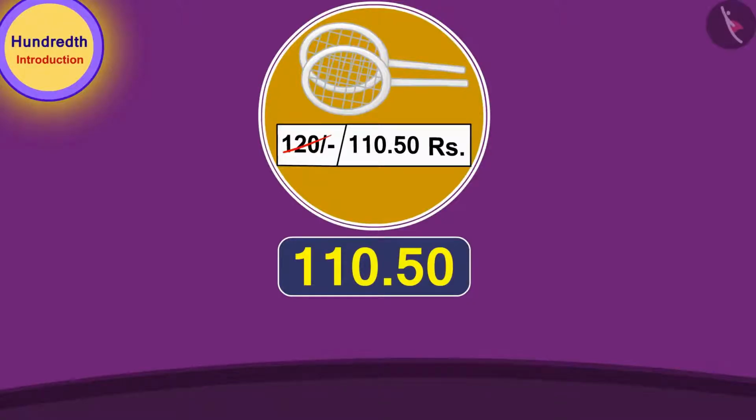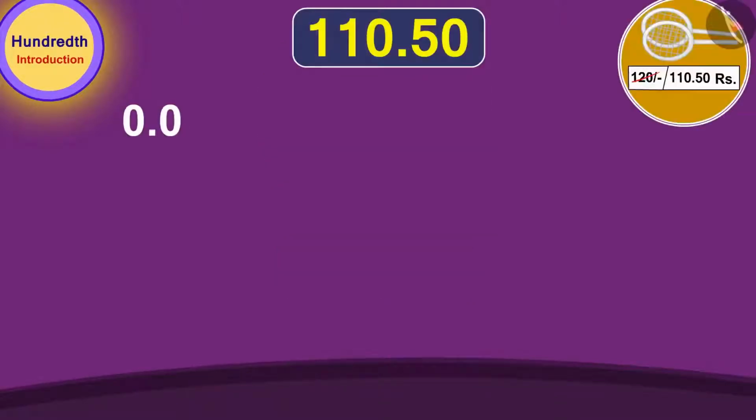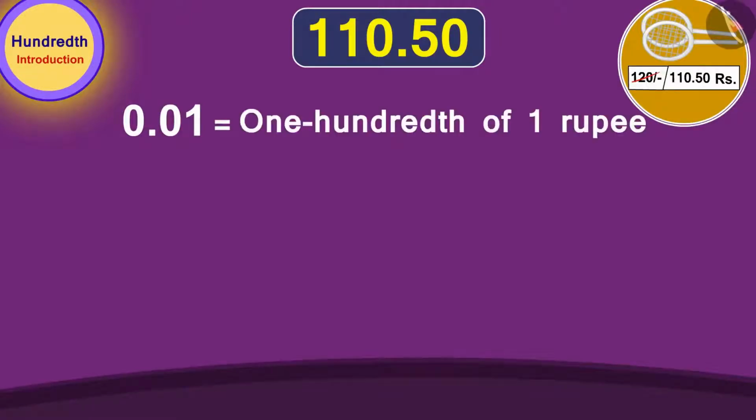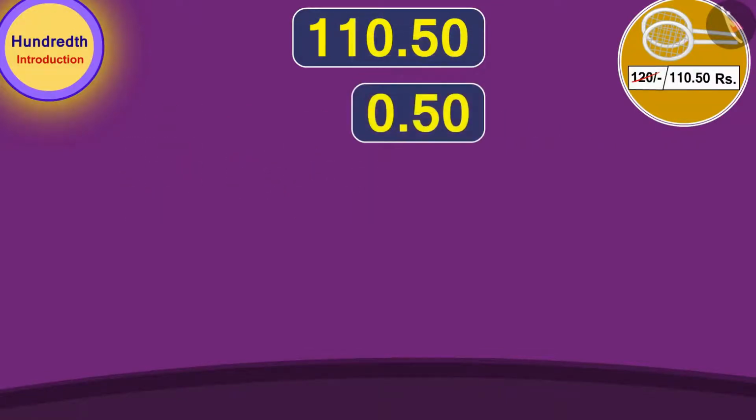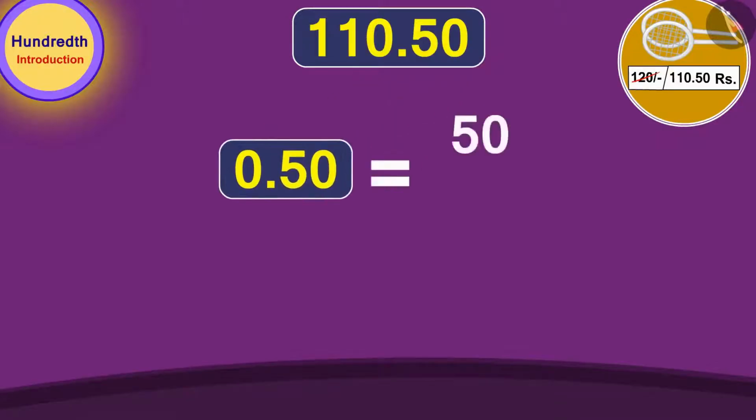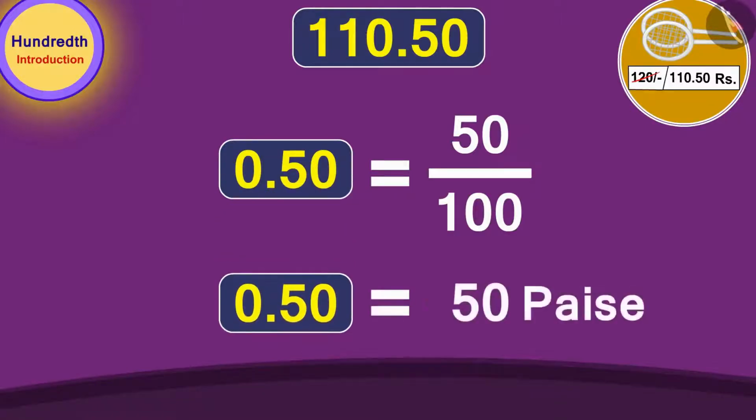The price of a badminton racket is 110.50 rupees. 0.01 rupee or 1/100th of a rupee is equal to 1 paise. Therefore, 0.50 rupees will be equal to 50/100th part of 1 rupee or 50 paise.